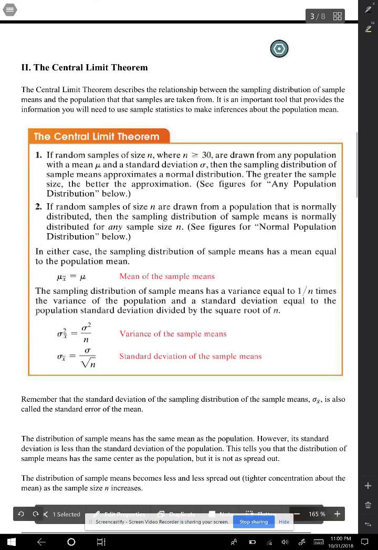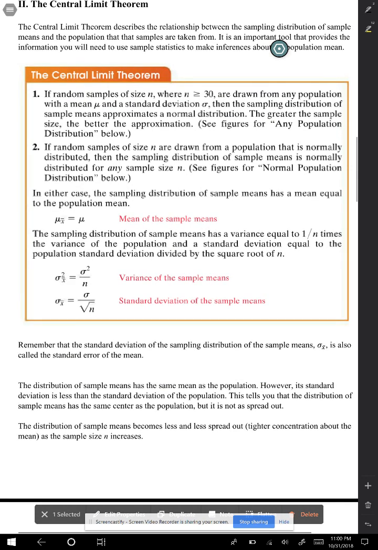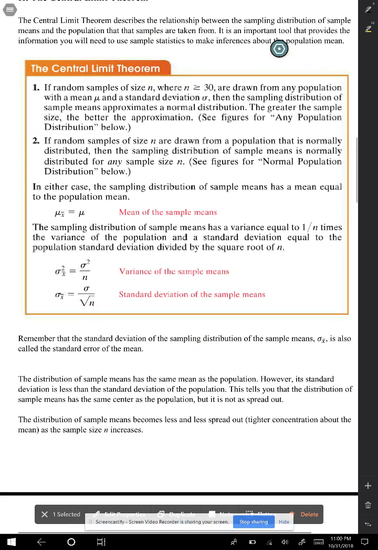This is an important tool, provides information you'll need to use sample statistics to then make inferences. And we'll be doing that a lot in Chapter 6. We'll be making inferences about the whole population based on what we know about the sample. So here's the central limit theorem, and I'll walk through this slowly before we do an example.